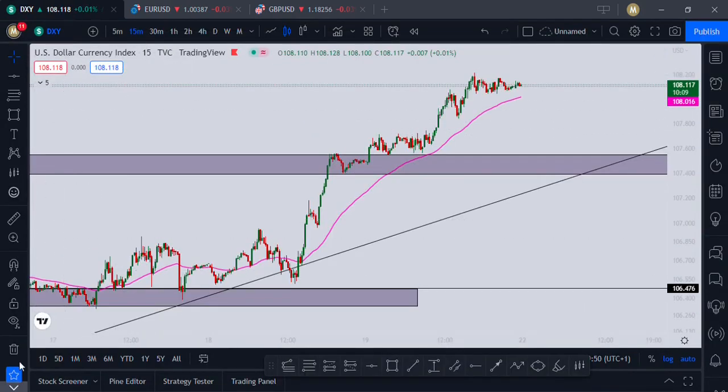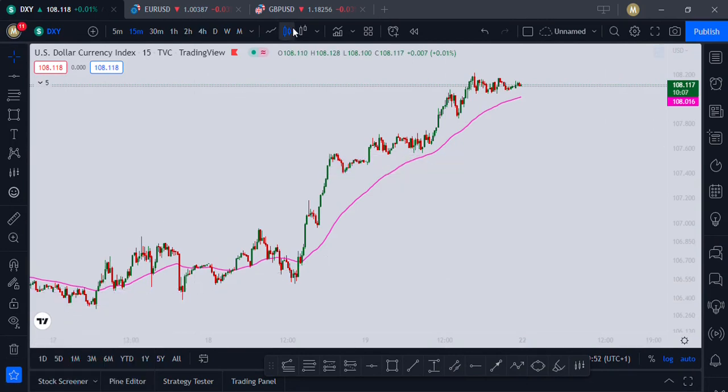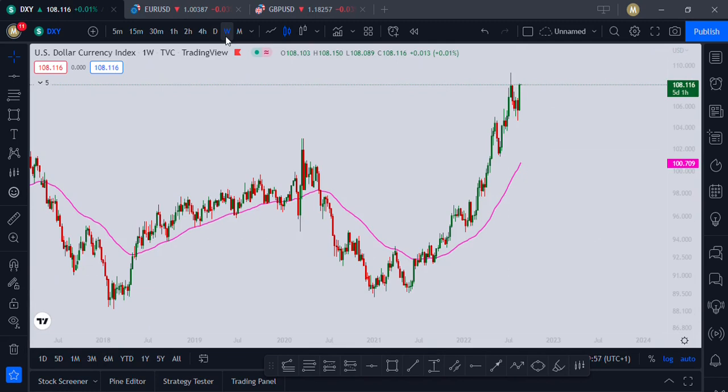Let's wipe this up so we can analyze the market from the beginning. Starting from the weekly, we can see DXY has been moving in an uptrend for months now. It has been creating higher highs, higher lows. Now we created another higher high, another higher low here, and we're trying to create another higher high.